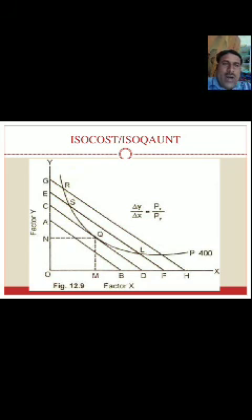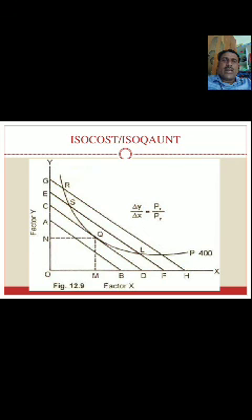So how to get the maximum profit, or producer equilibrium, or least cost combination? All are equal at the point Q only.